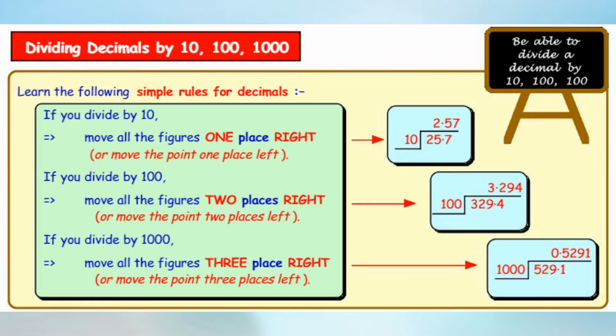And if we look at the bottom one, where we've got 529.1 divided by 1,000, the 3 numbers, 5, 2 and 9, all jump over. And what appears then on the left-hand side of the decimal point is a 0. That 0 we have to put in.